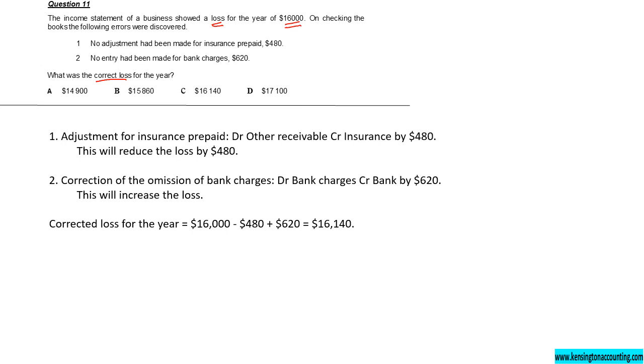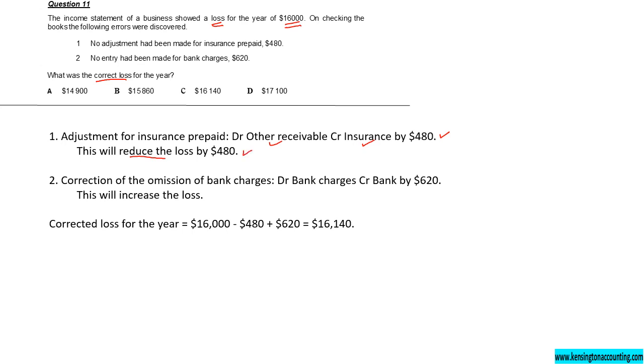The double entry for a prepayment of expense is debit other receivable and credit the expense account. In this case, insurance, the amount is 480. When you credit the insurance account, the insurance expense will reduce by 480, and this will reduce the loss by 480.